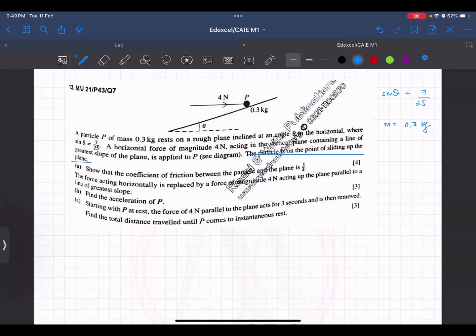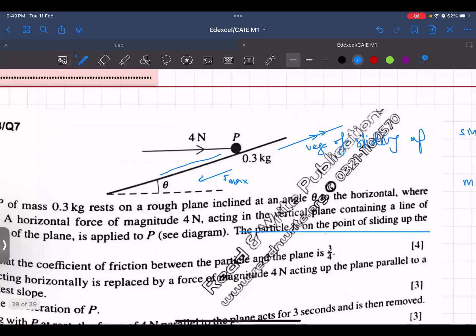So this is limiting equilibrium again, on the verge of sliding up, so friction would be acting downward in this case. If you break the 4 Newton force into its components, the weight component down the plane is 0.3 g sine theta, and the component perpendicular to the plane is 0.3 g cos theta.